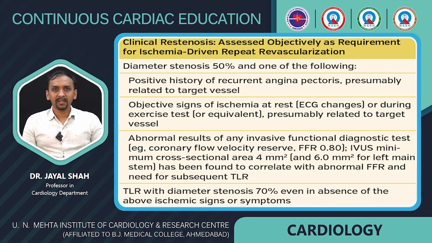Clinical restenosis is assessed objectively as a requirement for ischemia-driven repeat revascularization. That is a diameter stenosis of almost 50% and one of the following: a positive clinical history of recurrent angina pectoris presumably related to the target vessel, or objective signs of ischemia at rest, in ECG changes or during exercise, presumably related to the target vessel, or abnormal results of any invasive functional diagnostic test, for example coronary flow velocity reserve, FFR less than 0.8, or IVUS showing a minimal lumen area of less than 4, and 6 for left main, which is found to correlate with abnormal FFR and need for subsequent target lesion revascularization.